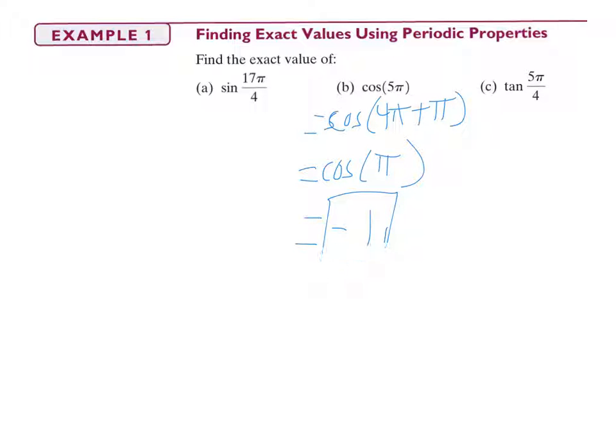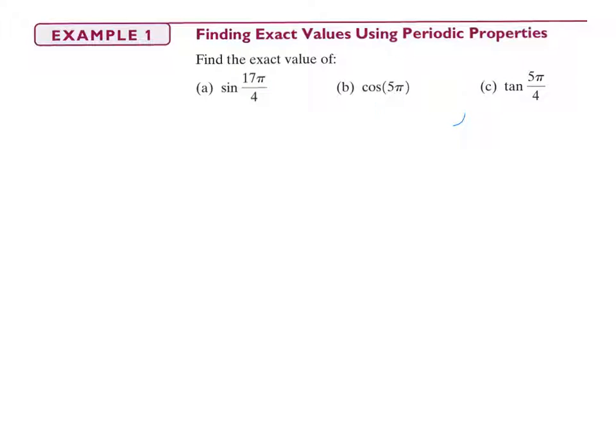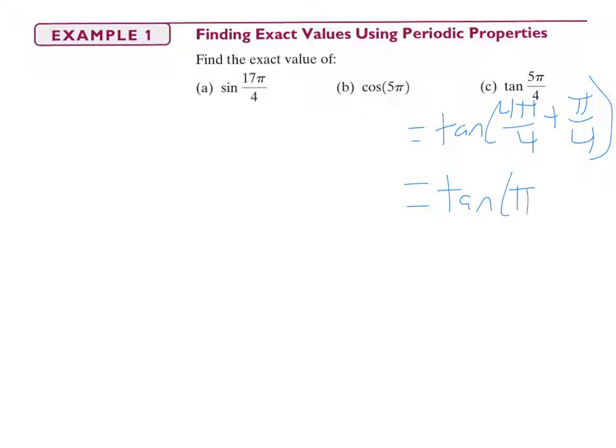Alright, so let me erase that. And these values we're getting for sine of pi over 4 and cosine of pi, that's just from the unit circle that we've gone over. So tangent of 5 pi over 4. Remember, that's equal to tangent of 4 pi over 4 plus pi over 4, because 4 pi plus pi is 5 pi. 4 pi over 4 is the same as pi plus pi over 4.